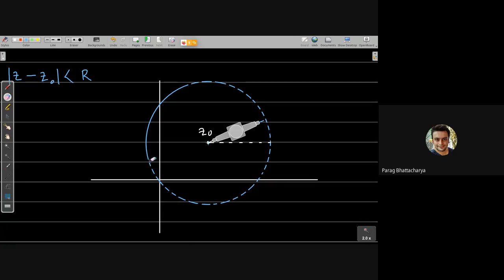So we mean all the points which are lying inside. These are the points that we are talking about.